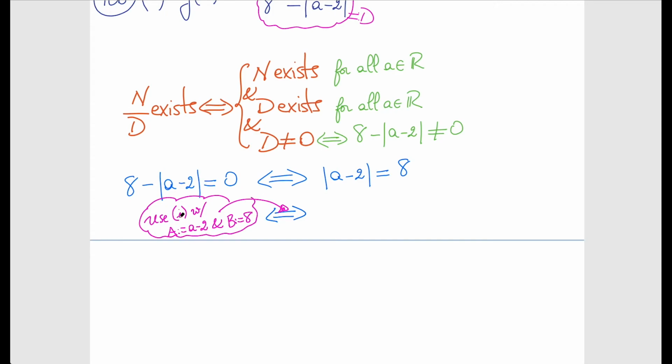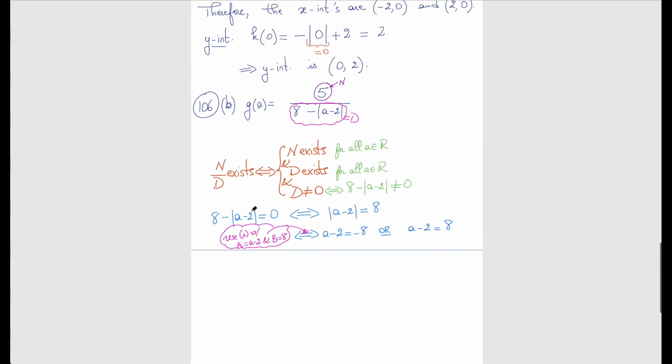As such, property 1 is applicable, and we get that capital A is either minus B or capital A is plus B. And we have this dictionary: capital A is little a minus 2 and capital B is 8.